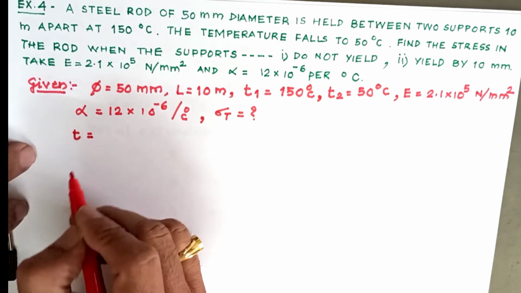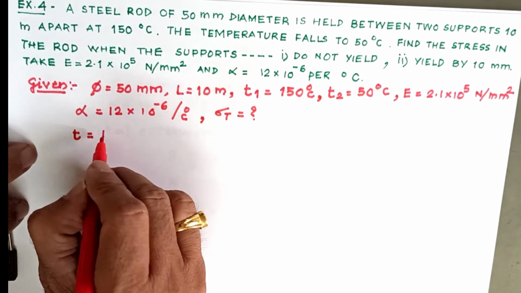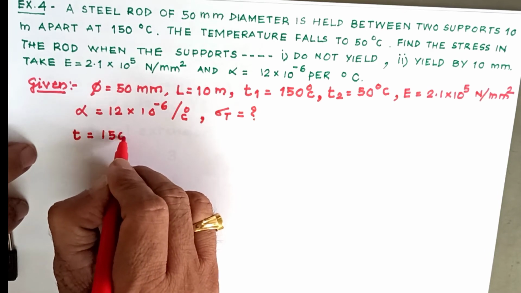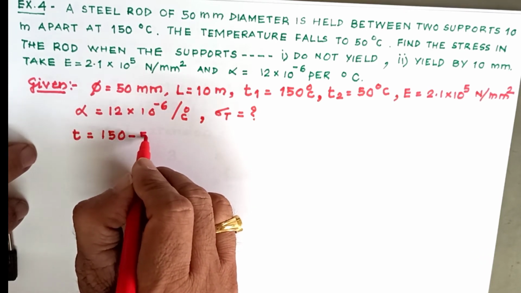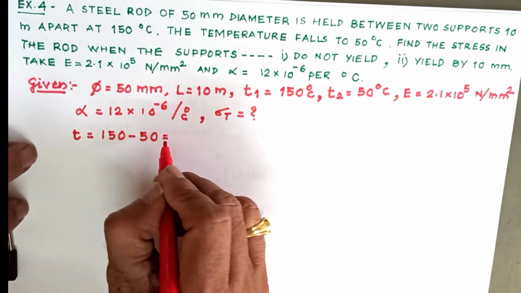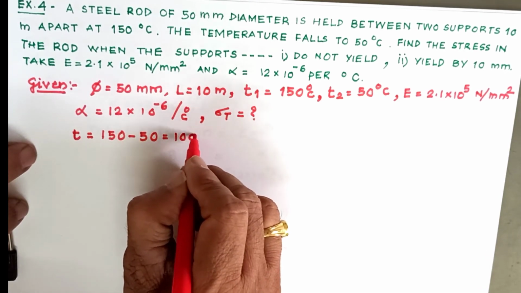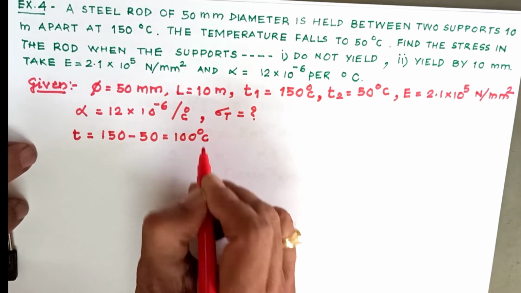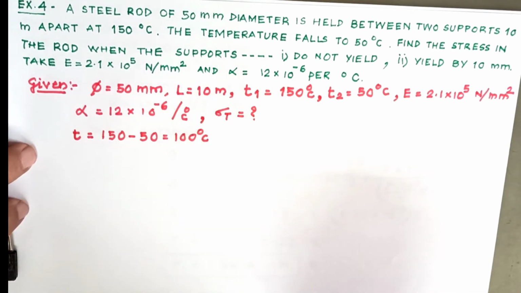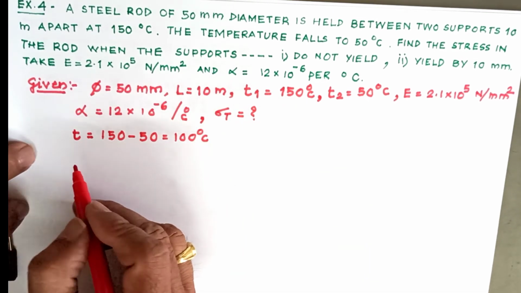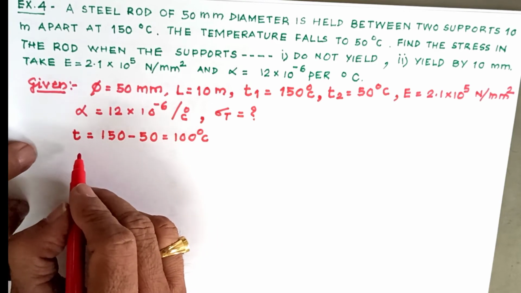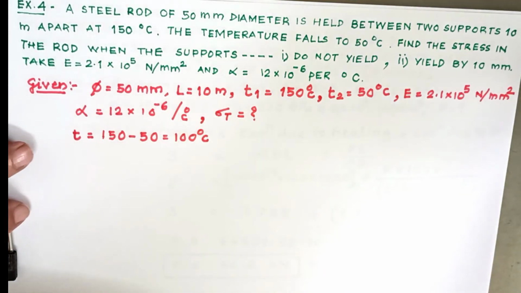T is equal to 150 minus 50 is equal to 100 degrees Celsius. Okay? Now, let us see the first case when the supports do not yield.